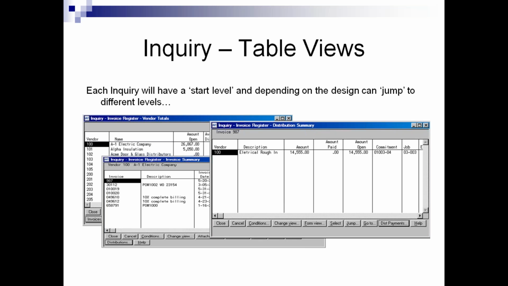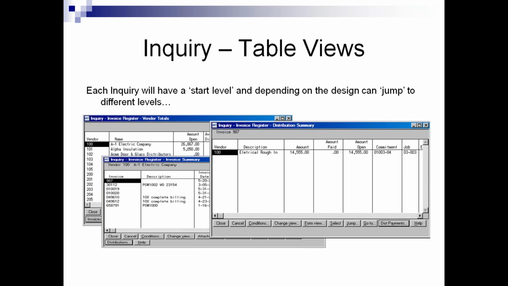I'm going to show you when we get into the design how these are just straight jumps from one view to another. We also have something called a column-specific jump, where in this example, it might be that this invoice has been paid, and we want to see information about that payment. So we could do a column-specific jump from the dollar amount under the amount paid column.